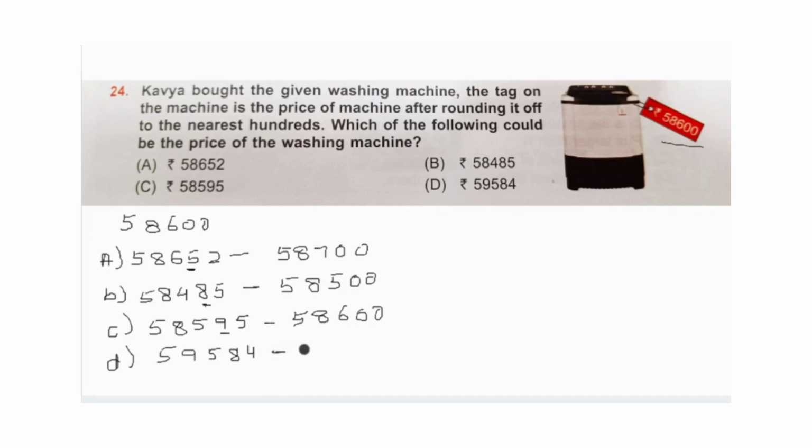Let's round this to the nearest 100. We look at the tens place, which is greater than 5, so it rounds to 59,600. Among these options, 58,600 is what we need, which is option C, the correct answer.